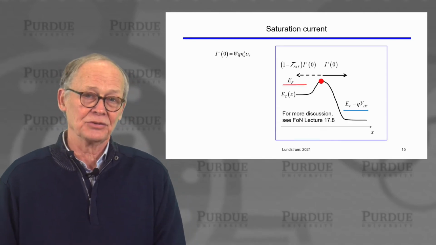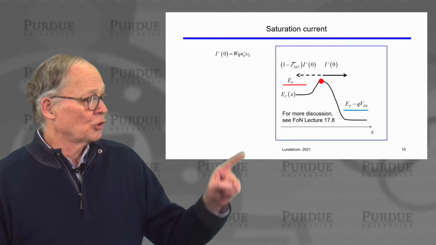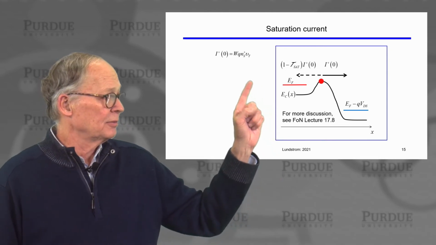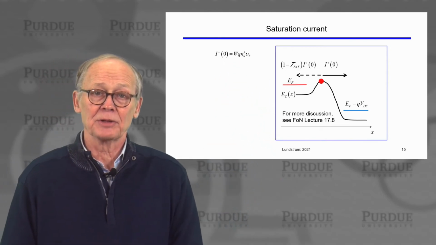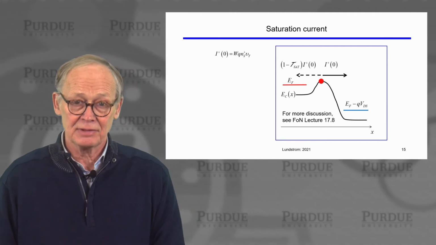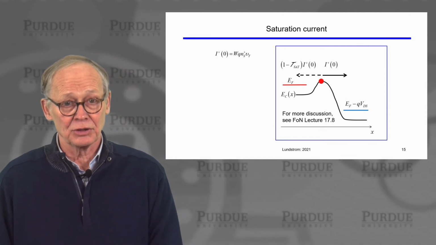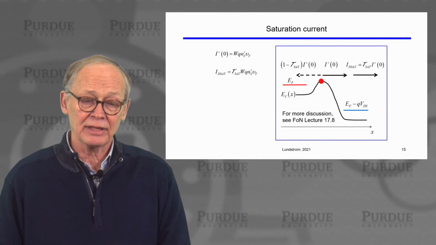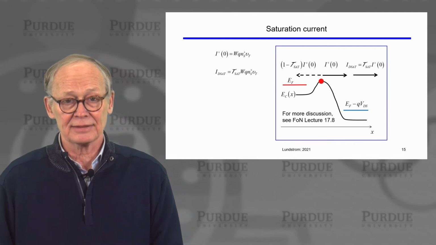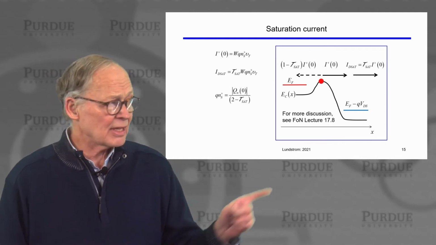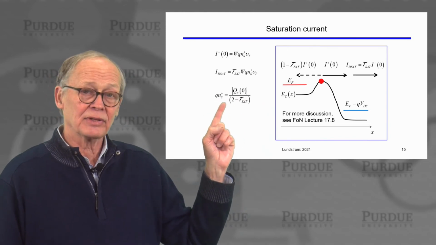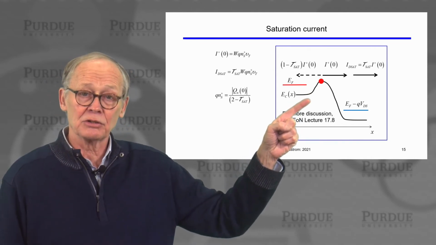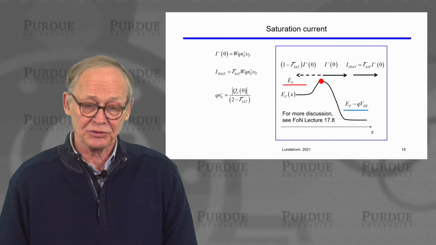All right, now we can deduce the drain saturation current. So we inject a current I plus from the source into the channel. That's width times Q times the number of electrons with positively directed velocities flowing at the unidirectional thermal velocity. What comes out the drain, or what gives me my drain current, is transmission times I plus at the virtual source. But we know how to relate the number of electrons with positive velocity to the charge at the top of the barrier controlled by the gate voltage in MOS electrostatics.